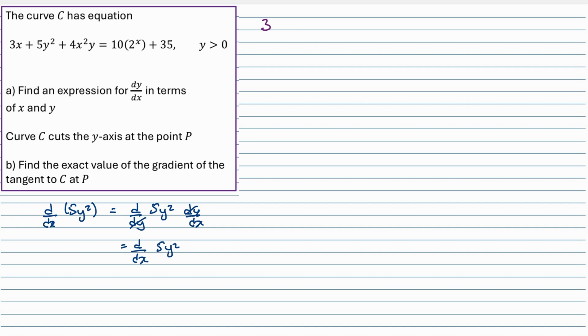So we differentiate it with respect to y, and we get 10y, and then we multiply it by dy by dx. And to differentiate the 4x squared y with respect to x, we need to use the product rule.